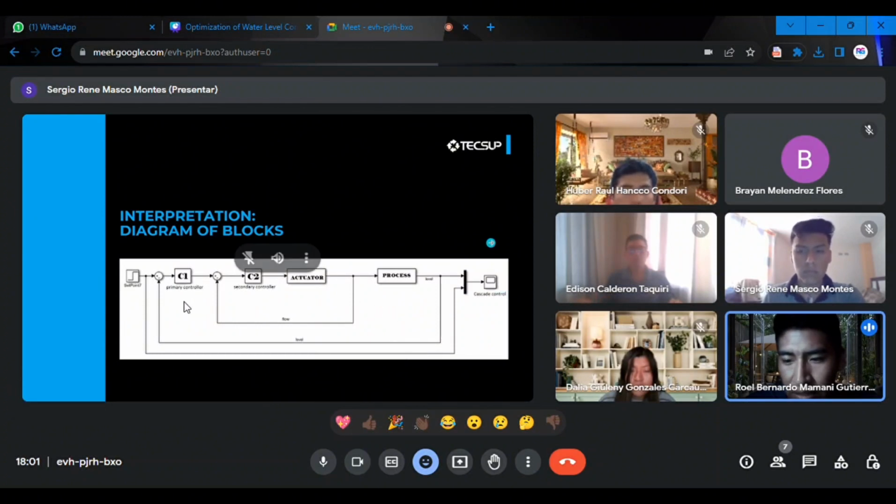In this part, the inner loop can respond quickly to changes in the secondary variable, minimizing unwanted effects on the primary variable. This makes the cascade control more efficient in the face of disturbances. Next.